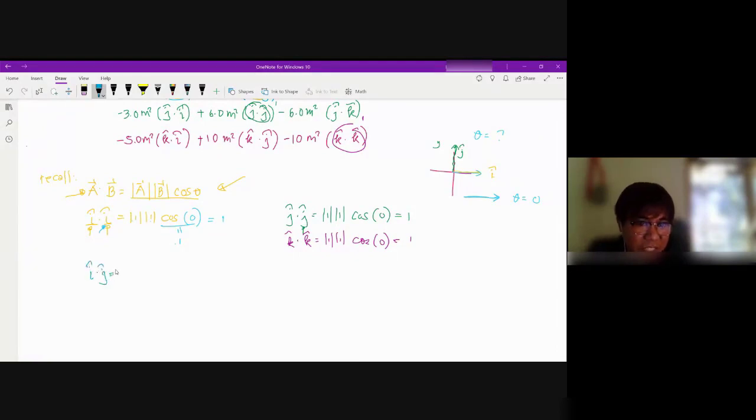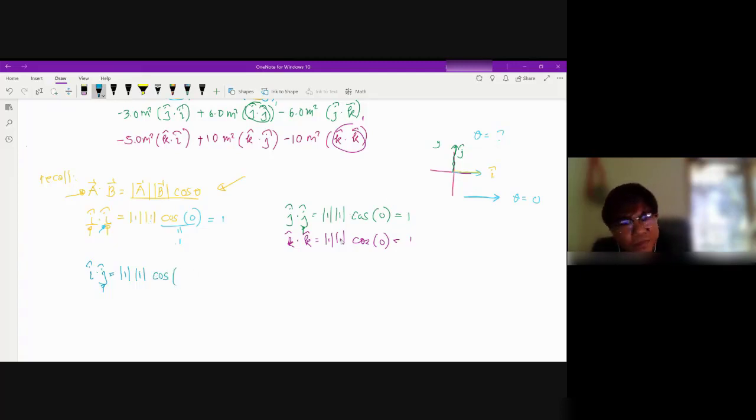Using the definition, the magnitude of i hat is equal to 1, times the magnitude of the second vector, j hat, which is also equal to 1, and then times the cosine of the angle between the two.